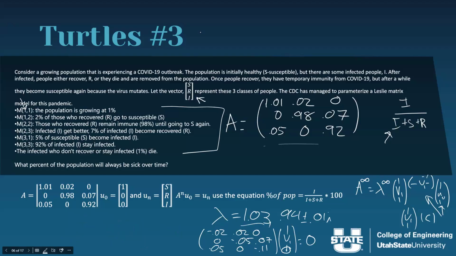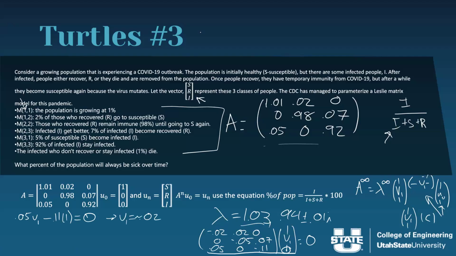Looking at the bottom row, I get 0.05 times, I'm going to call this V1, minus 0.11 times 1, because I set that equal to my V3, is equal to 0. So that means that my V1 has to be equal to, someone have it? It's like 0.02-ish.